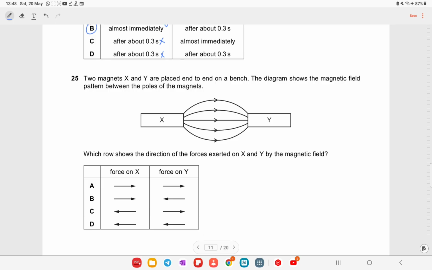So if you talk about the force on X, it is going to be like this, and the force on Y is going to be like this, because they are the north and south pole, so they are going to be attracting each other. So this is going to be the right answer. They are not repelling. This is the only one that shows attraction, because the rest are repelling or going in one direction.